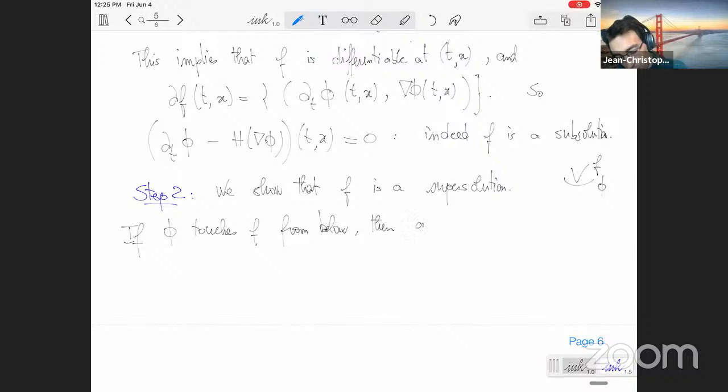Then one can check that it must be that the derivatives of phi, let's say touching it from below at t,x, belong to the subdifferential of f.